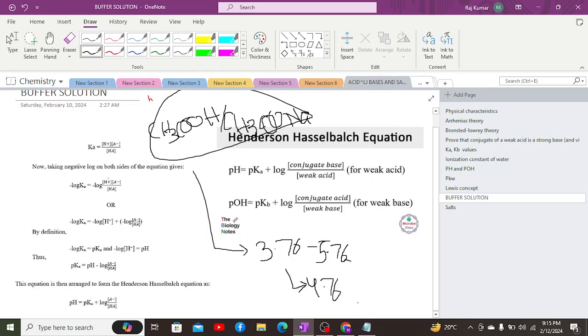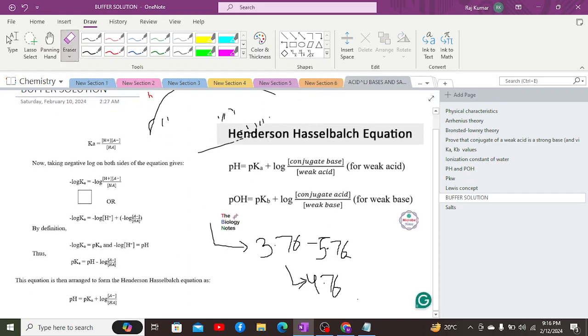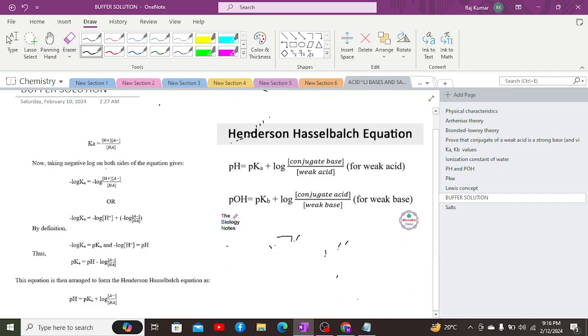Apart from that, in order to find the pH and pOH of buffer solutions, we have an equation known as the Henderson-Hasselbalch equation. For the derivation, first we have Ka, which is the product concentration in the numerator and the reactant concentration in the denominator.